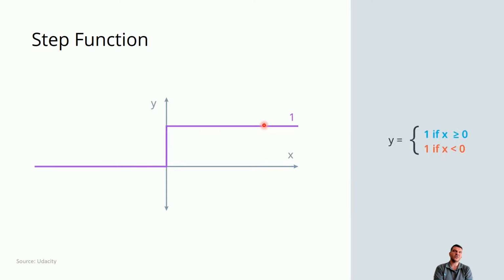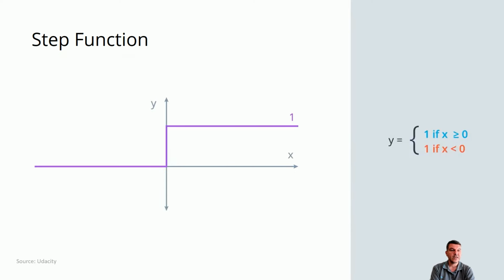Okay? So this is what we said before. Anything that is below 0, return 0, which is the value of y here. And for any values of x that is greater than 0, you will return 1. So on the x, we return either this or that, depending on our x.